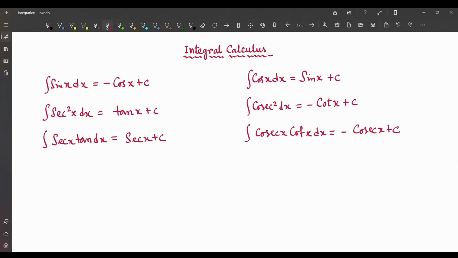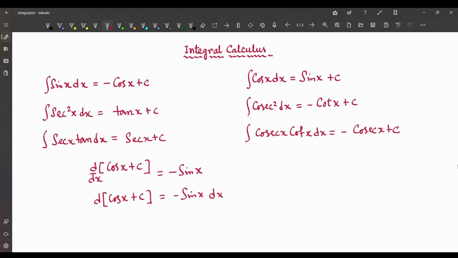If we differentiate cos x plus c, where c is a constant, then d by dx of cos x plus c is equal to minus sin x. Differentiation of c with respect to x is 0. Then we can write d of cos x plus c is equal to minus sin x dx.